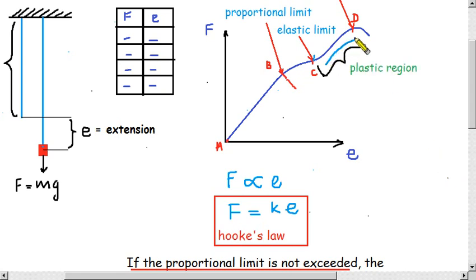In this region, if you stretch it too far, then it will lose its elasticity property. It won't be able to snap back to its original shape. By applying a force that's too high or too much, you could permanently deform the solid in this region.